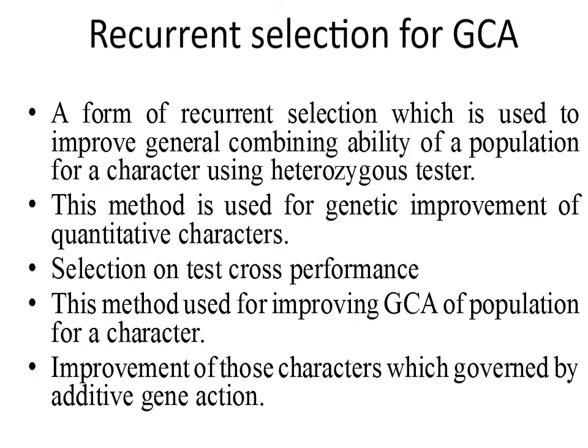Recurrent selection for GCA is a form of recurrent selection which is used to improve the general combining ability of a population for a character using a heterozygous tester. This method is used for genetic improvement of quantitative characters, with selection on test cross performance. It is used for improving GCA of a population for characters governed by polygenes.